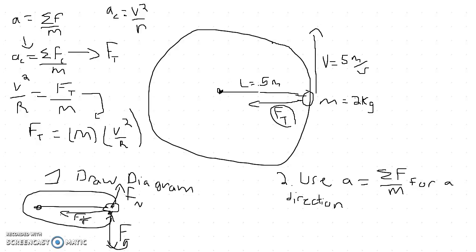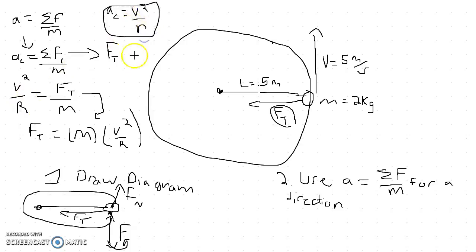So then we use Newton's second law for the horizontal direction because the force of tension is on the horizontal plane. We first convert a to centripetal acceleration, and then F to centripetal force. As we know, the centripetal acceleration formula is v squared over r.